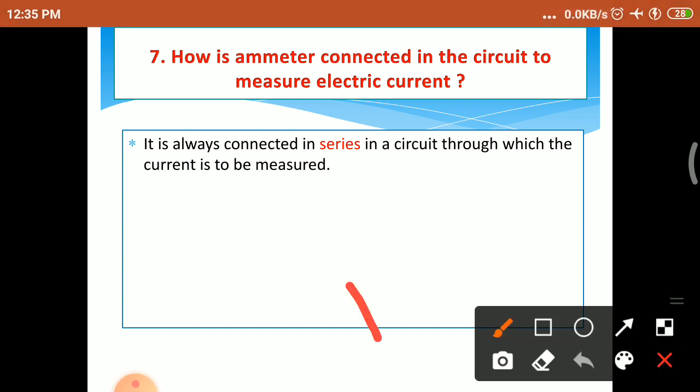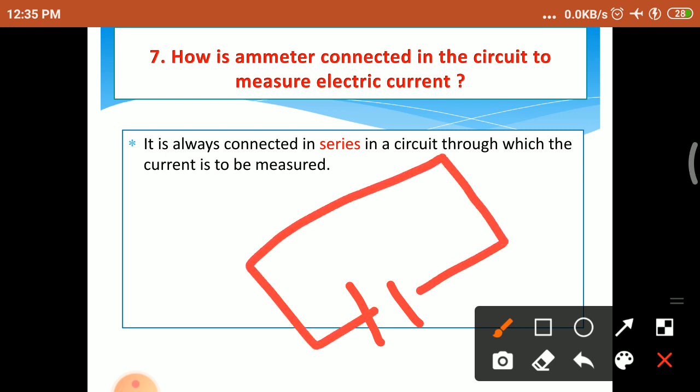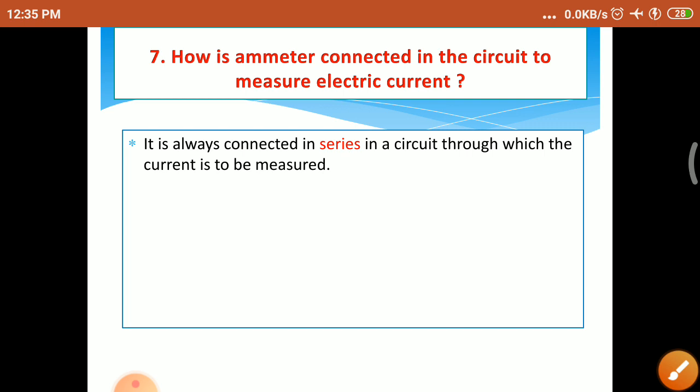So in this electric circuit, you have to connect the ammeter in series to the connection. I hope you understood these answers. If you wrote a wrong answer, please correct it.